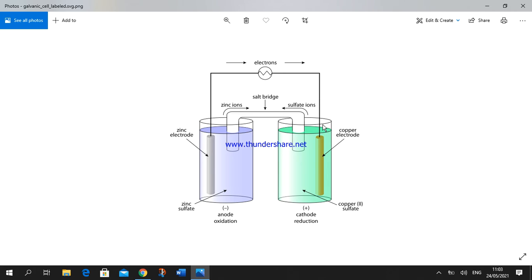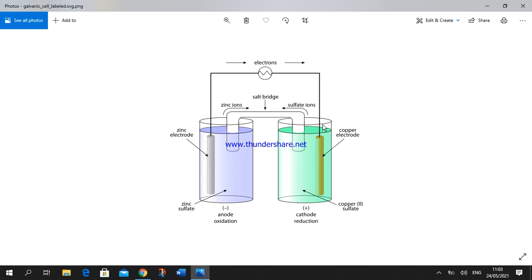What happens during the operation of the galvanic cell? The copper positive ion has a strong pulling force for electrons, so copper positive ions can attract more electrons, while zinc has a weaker pull for electrons.